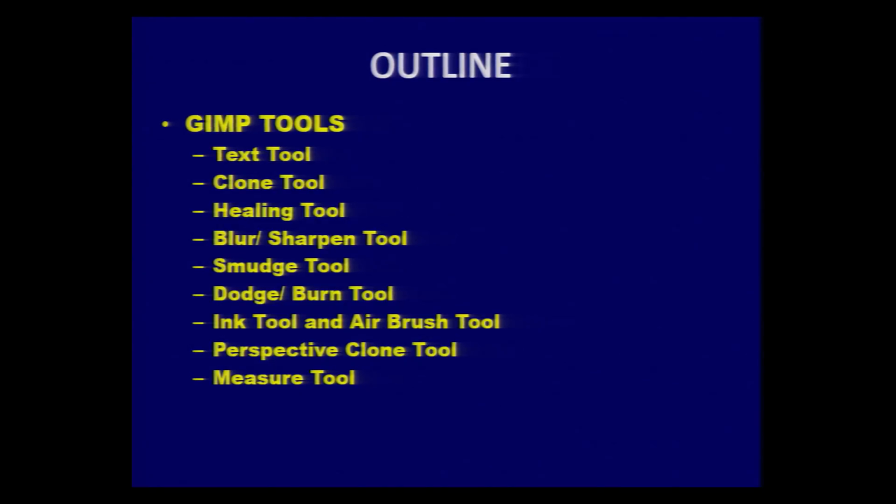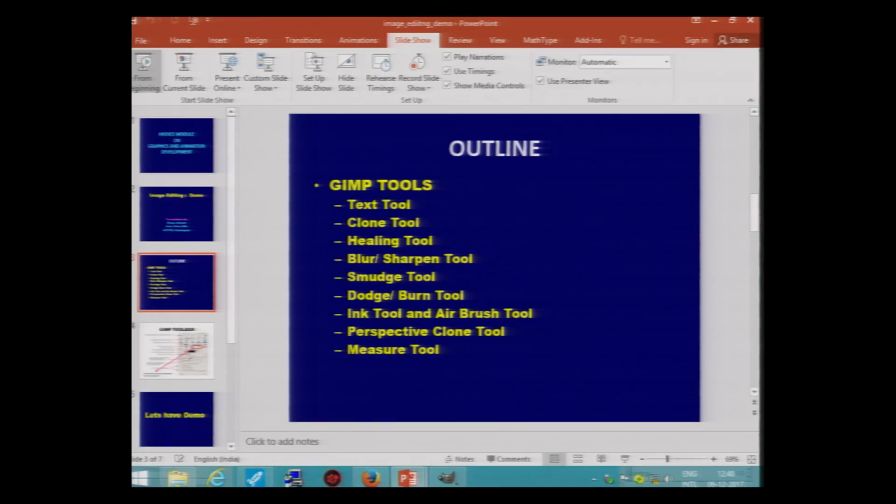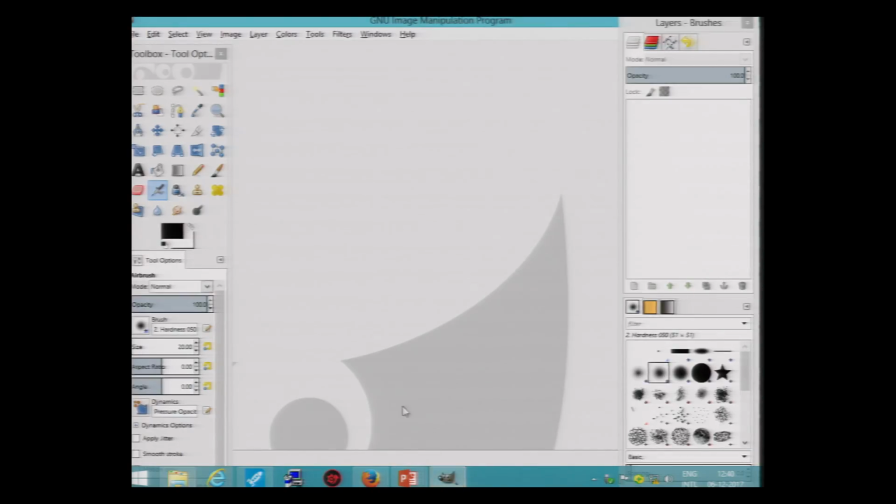So let's see first of all how the text tool can be used for editing the images. For this purpose, we are going to open the GIMP window. I have already opened the GIMP software. First of all, open GIMP and check all the available dialog boxes.